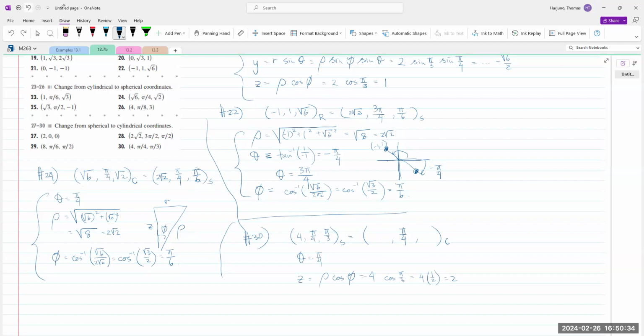And the r is rho sine phi. That's 4 sine pi over 3. That's 4 times radical 3 over 2. That's 2 radical 3. So this is 2 radical 3.